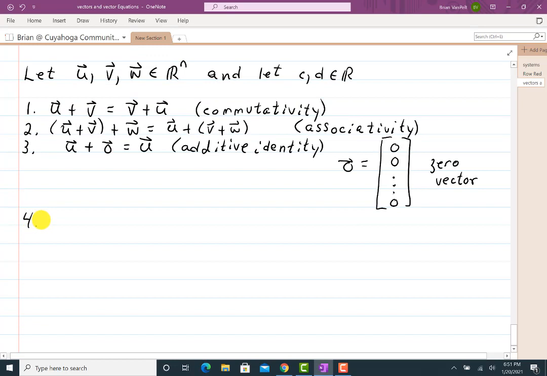Next, if I do u plus negative u, I should get the 0 vector. Just like if I took a real number and added its negative, I would get the 0 number. So this could be called additive inverse.